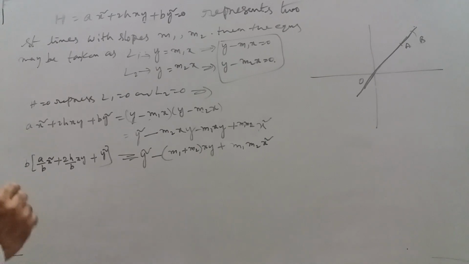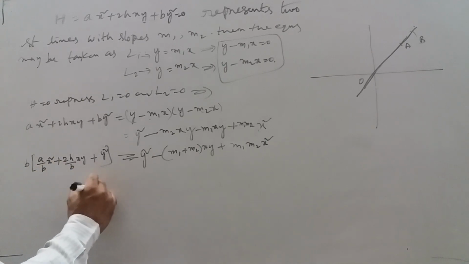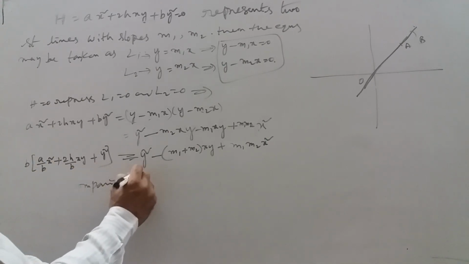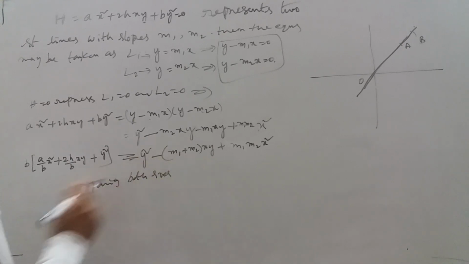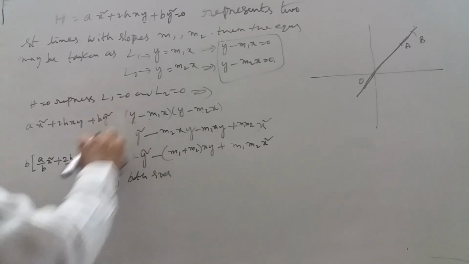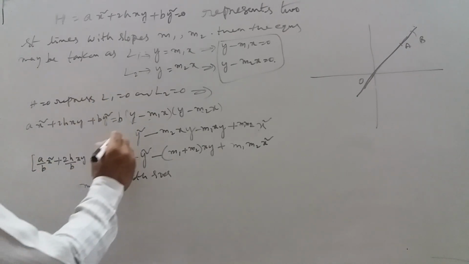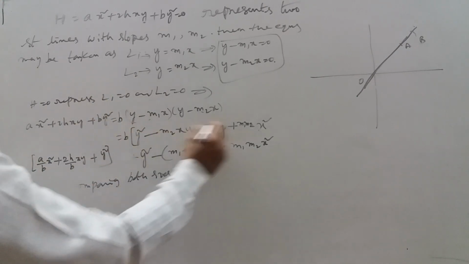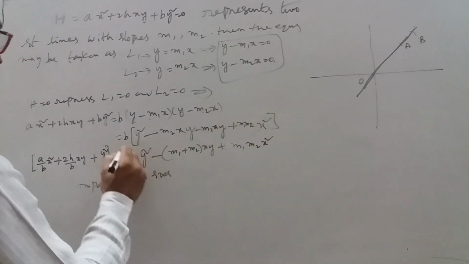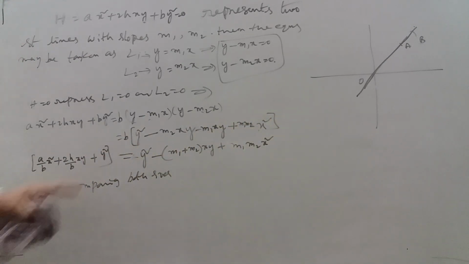Further, by comparing both sides, here we take the constant b, so it becomes b into. Now this b divides, if we bring that, it divides b like this.